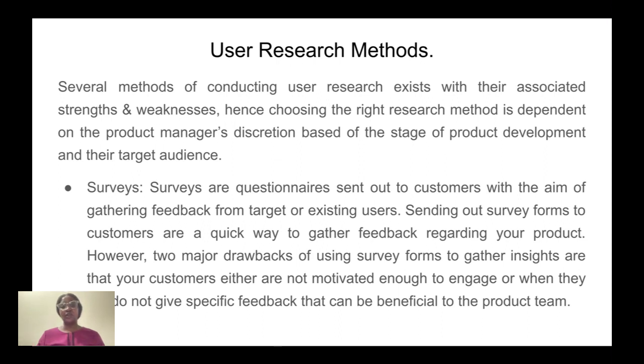It just depends on what you are looking to uncover and where you are in the product development process. That informs what method of user research you want to use. Do you want to use forms? Do you want to use surveys? Do you want to conduct user interviews? We'll get into that.